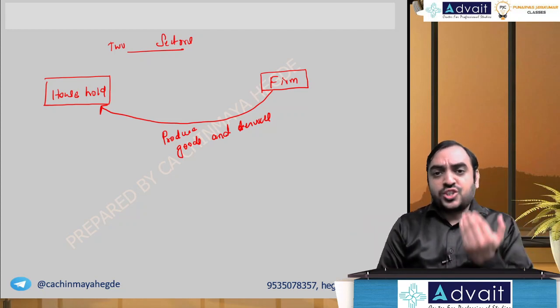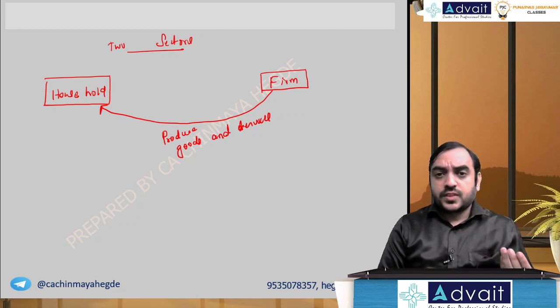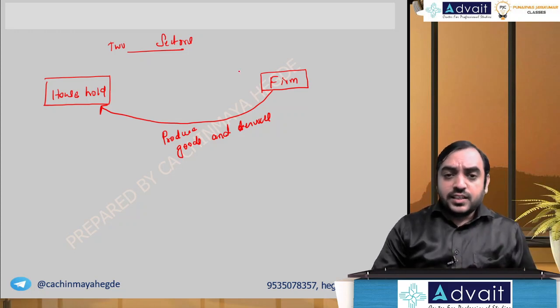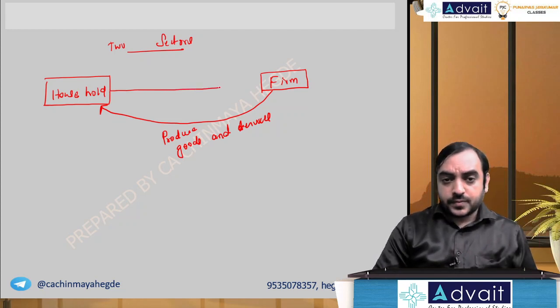Household, when you purchase goods, TV, laptop, toothpaste, food, Nestle, Maggi, rice, anything. So you purchase and you're going to make a payment. That is, you will have consumption expenditure.